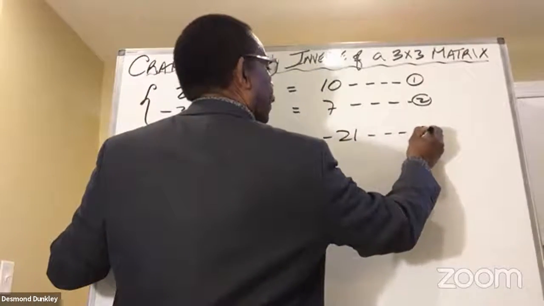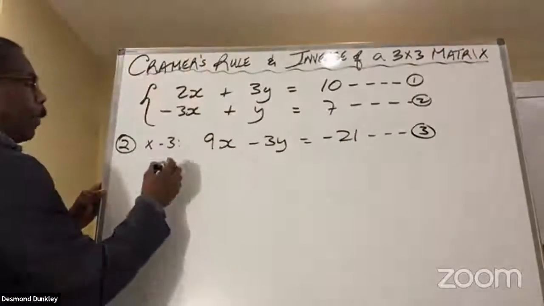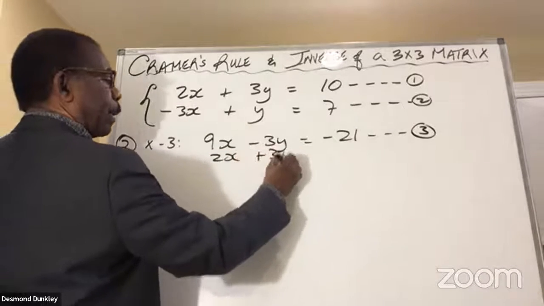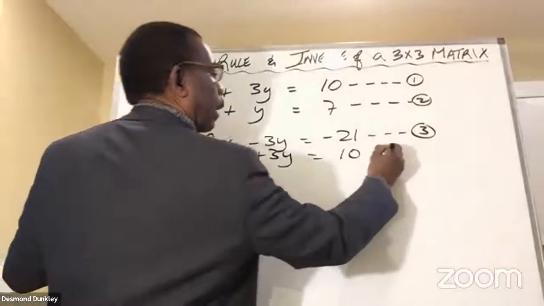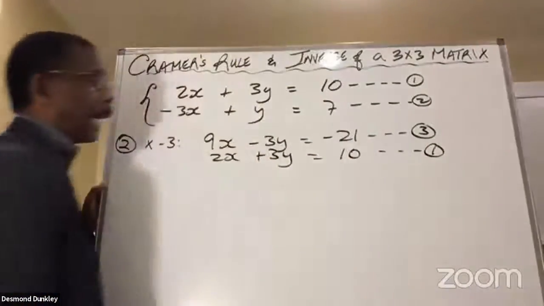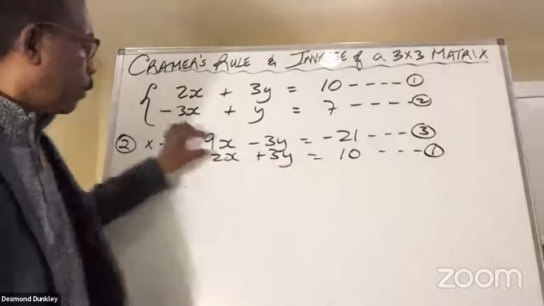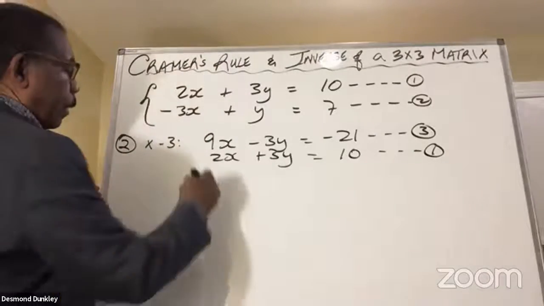Call that equation 3. I'm going to write equation 1 just below it, so it's in close proximity. Notice I didn't change the equation, I just changed the location. So it is close to equation 3.